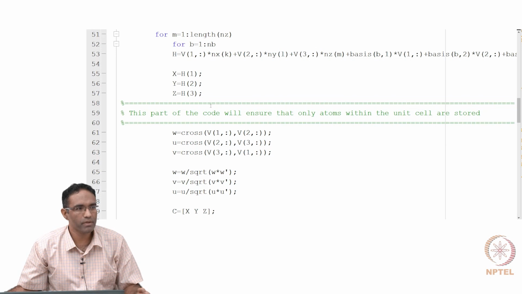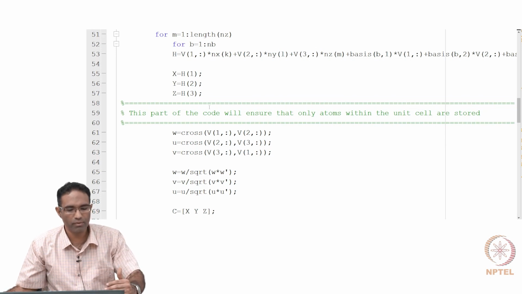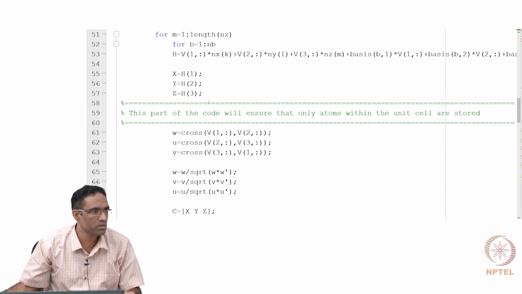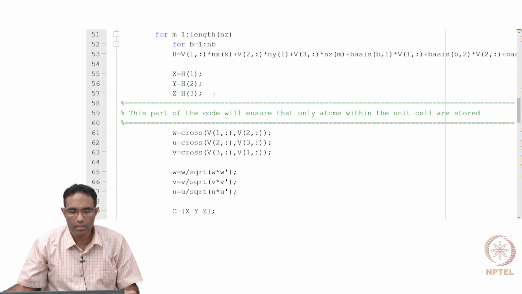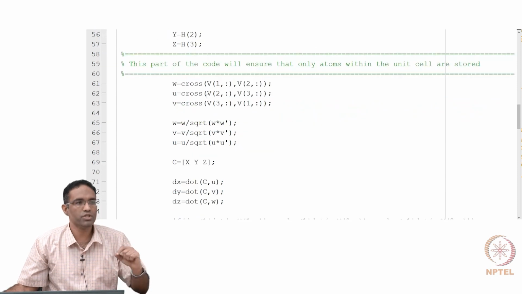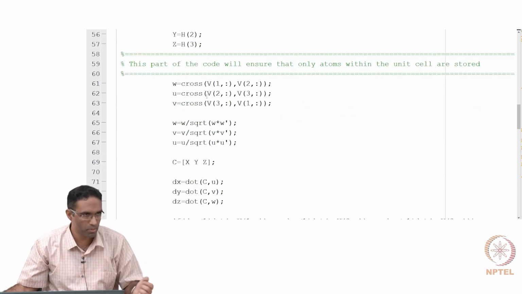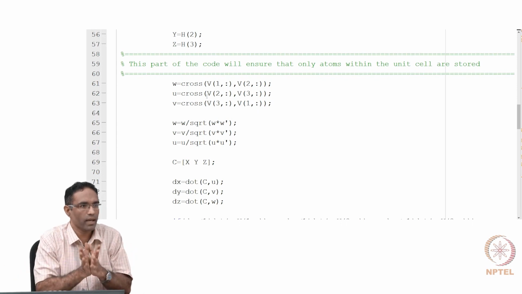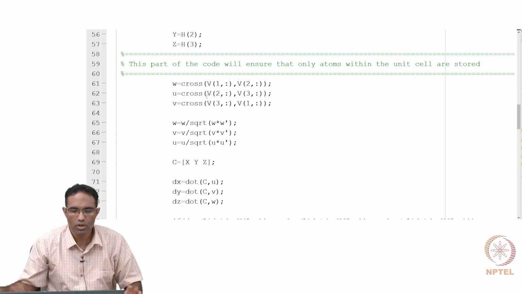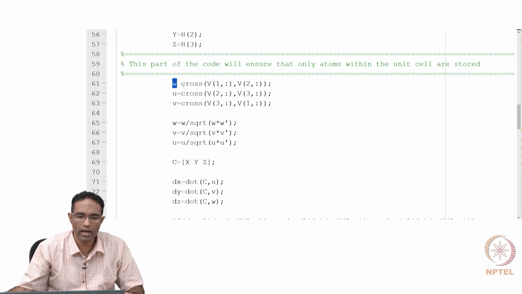Okay, in the previous codes, I think you stopped with line number 57 and ended all the 3 or 4 for loops and then simply printed out the atom numbers or the atom details, right? But now what we want to do is check whether this particular atom that has just been generated is actually lying within the unit cell. Okay, so there are a couple of different lines that we have here.